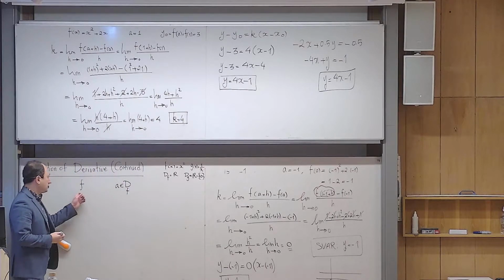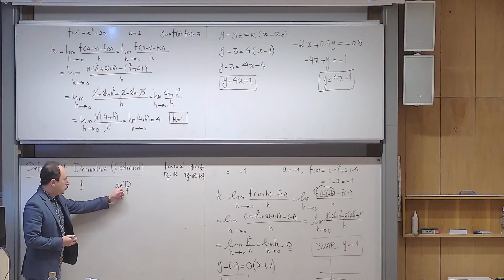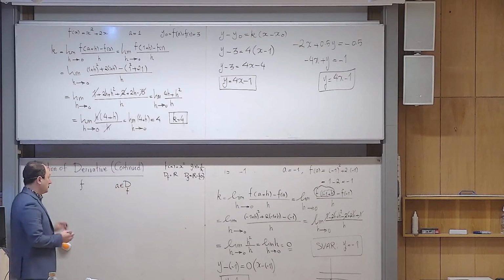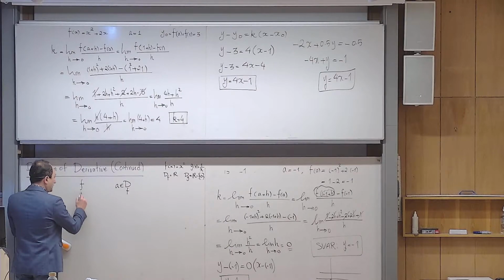So if I give you a function, and if I give you a point in my domain, then the derivative of f at that number a is denoted by this symbol.